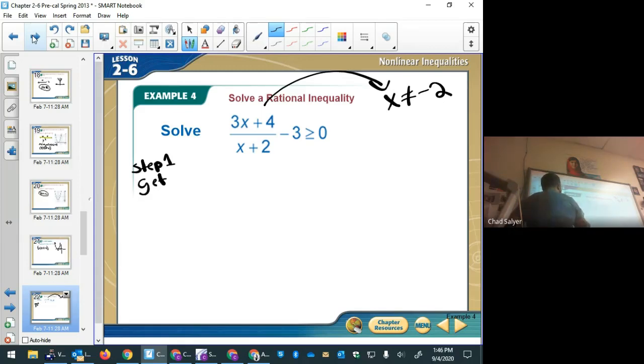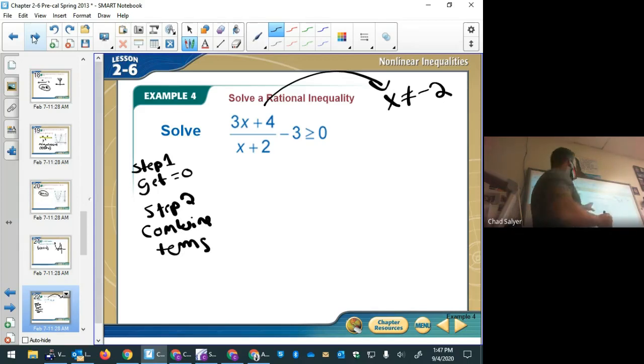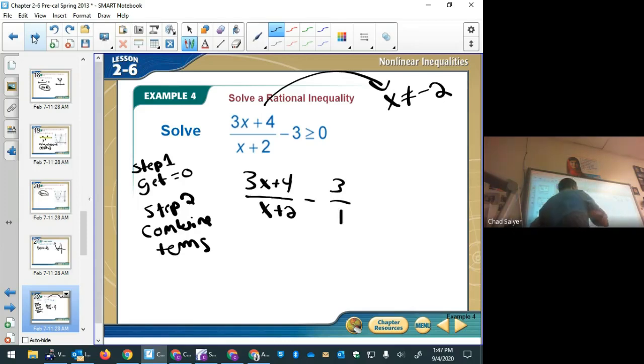So our step 1 is going to be get one side equal to 0. We've already got that, so we'll go to step 2, which is going to be combine terms. I want to make this into one single rational expression. Remember that to combine fractions through addition or subtraction, you need a common denominator. The way I'm going to create that common denominator is to multiply 3 over 1 times x plus 2 divided by x plus 2.